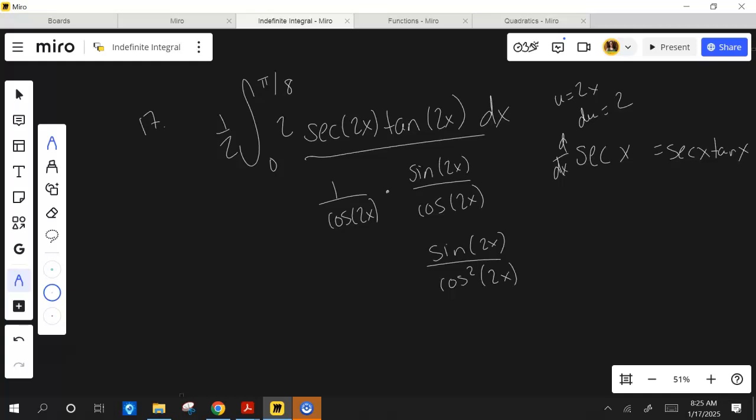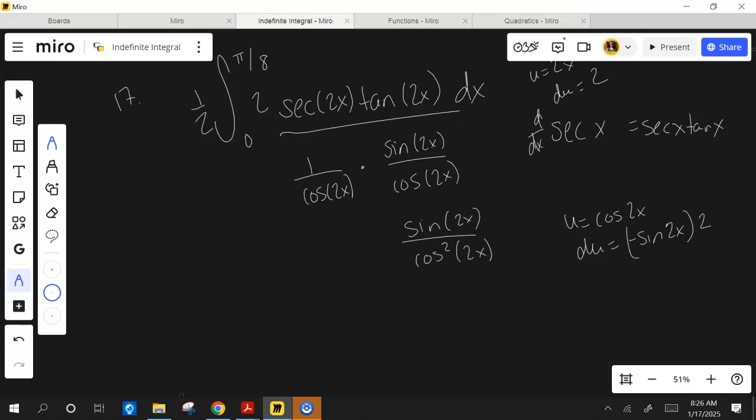If you got confused with my key, I let u be cosine 2x, which means my du was negative sine 2x, and then I had to chain it. This is more work, and I realize that, but it's what makes sense to me. I change it to sines and cosines because I understand them better than secants, cosecants, tangents, cotangents, and all that.